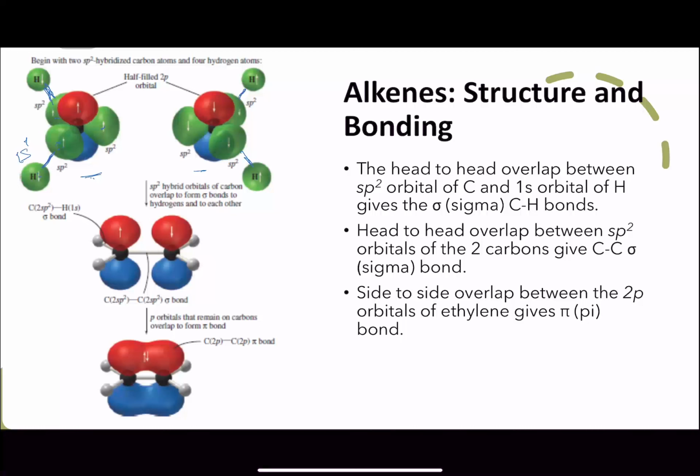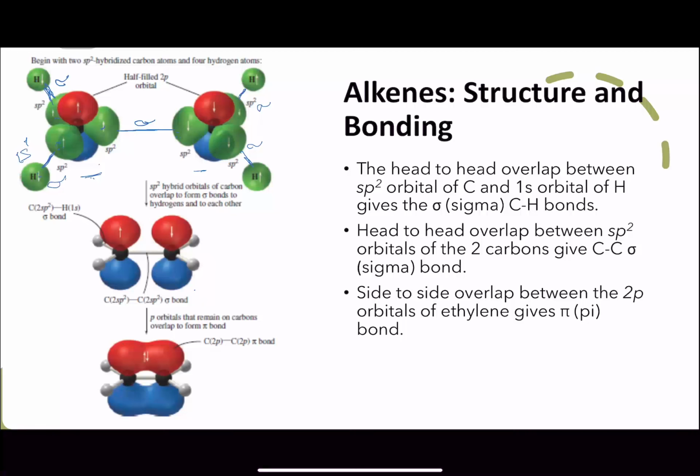The head-to-head overlap between the sp2 orbital of the first carbon and the sp2 orbital of the second carbon results in another sigma bond. So there is a sigma bond here, here, and here, and you end up with 5 sigma bonds. Then we are left with one p orbital on each carbon.